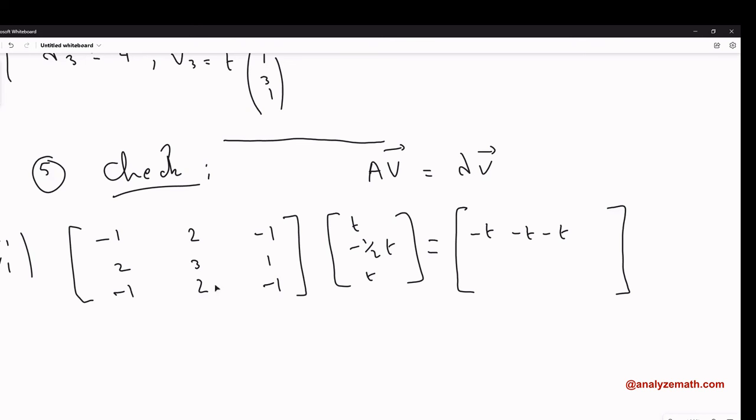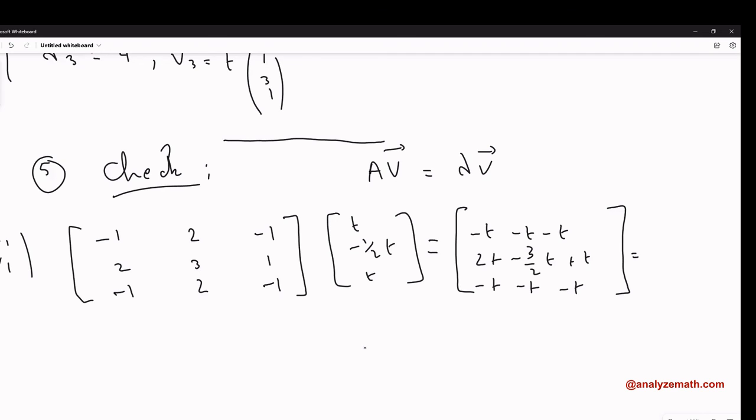Now let's do the second row, this row by this column. So 2t, minus 3 over 2 t, and then plus t. And then the last row by the same column gives me minus t, and then minus t here.